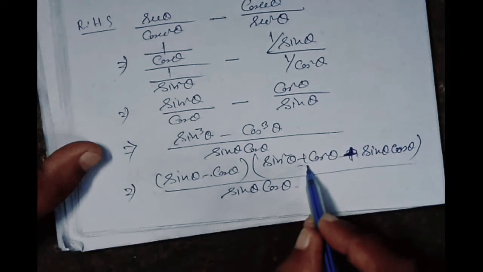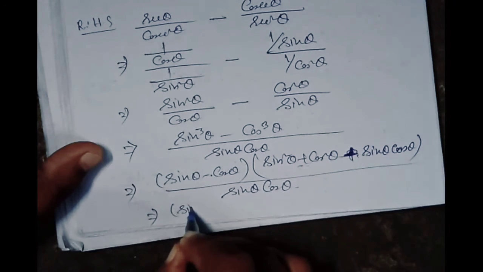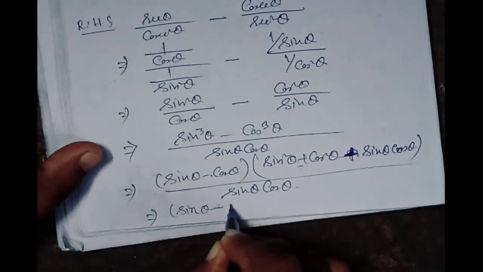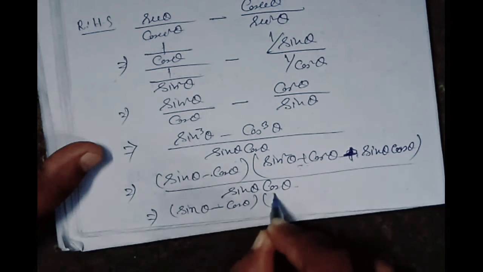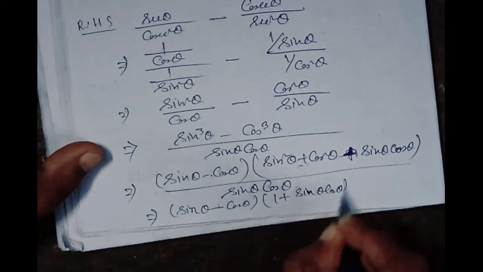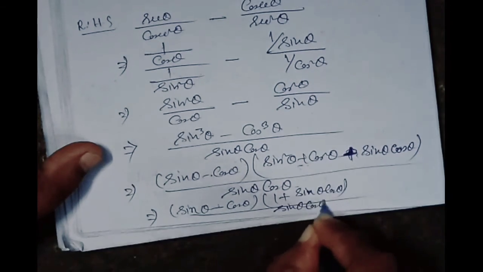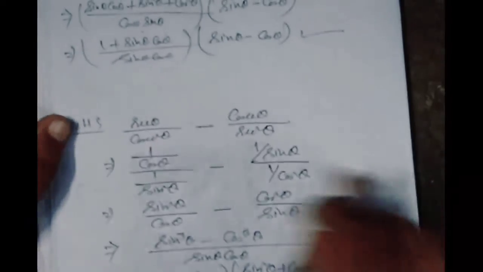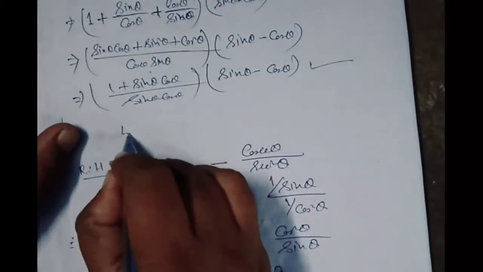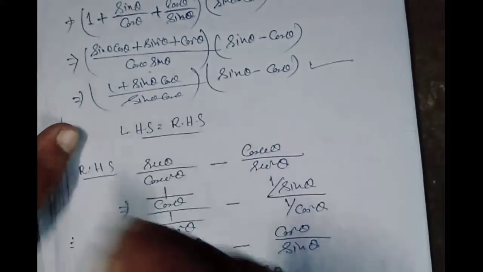Now this can be put in the form of 1, so this equals sin theta minus cos theta into 1 plus sin theta cos theta divided by sin theta cos theta. So this matches with this. So LHS equals RHS. Hope you are able to understand.